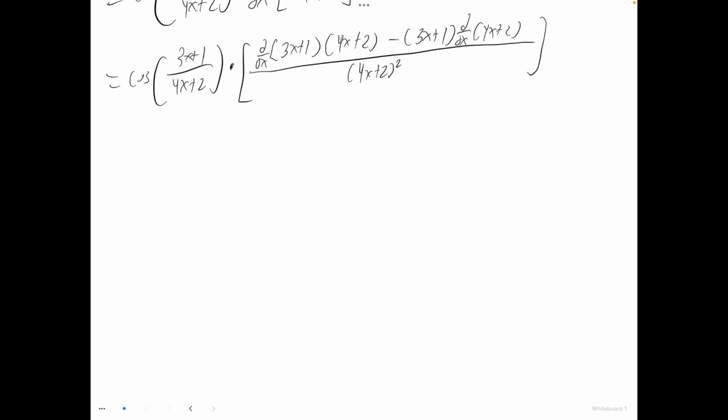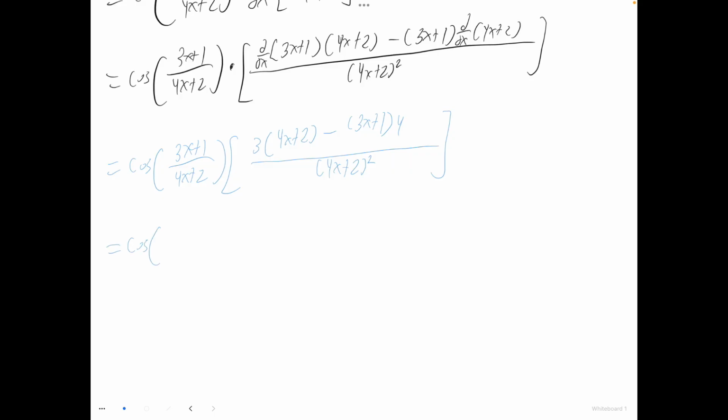So let's actually compute these. So we have cosine of (3x plus 1) divided by (4x plus 2) times the derivative of 3x plus 1, which is just going to be 3. So we get 3 times (4x plus 2) minus (3x plus 1) times the derivative of 4x plus 2, which is just 4, all divided by (4x plus 2) squared.